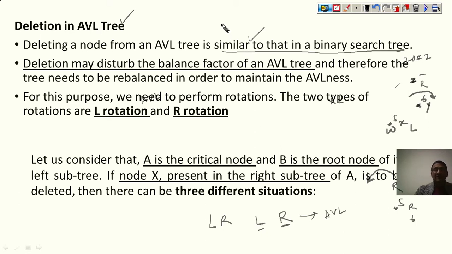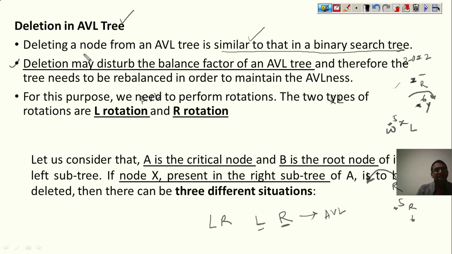You may want to delete a node which is a leaf, or a node may have one child, either left or right, or the node may have two children. So all the cases that we have discussed for deletion in the binary search tree are applicable here.